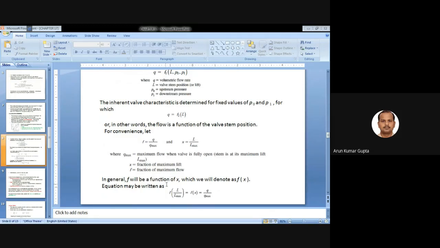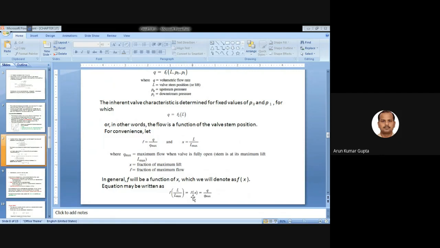Based on this, Q is basically the flow rate. If we substitute here, f is a function of x, where x is L upon Lmax, and this is related to Q upon Qmax. So when we have the linear or the equal percentage, we have a relation like this, right?